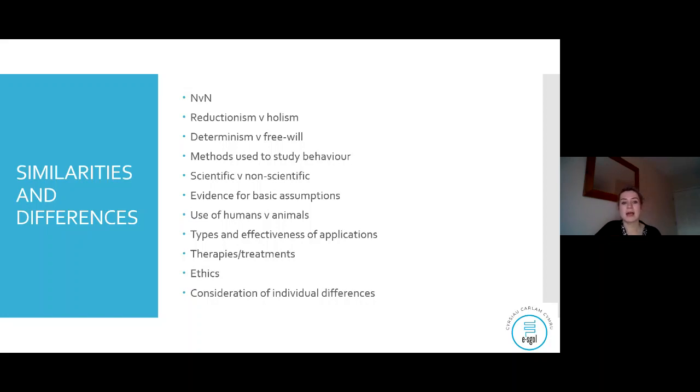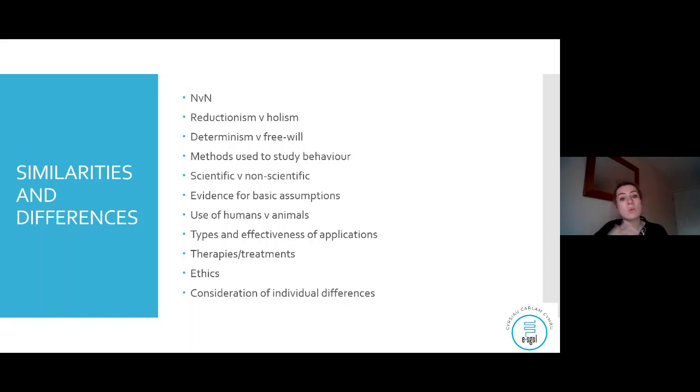Then we've got determinism versus free will. Determinism means that behaviour would be determined by something that is outside of your control. So again, for example, genetics, they're outside of our control. We can't really alter them. So determinism would definitely be within the biological approach. The opposite of determinism is free will.